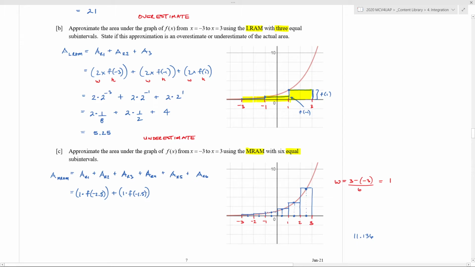Plus 1 times f at -0.5. I'm running out of room there. So plus 1 times f at 0.5 for the fourth rectangle. Then the fifth rectangle is 1 times f at 1.5 plus 1 times f at 2.5.